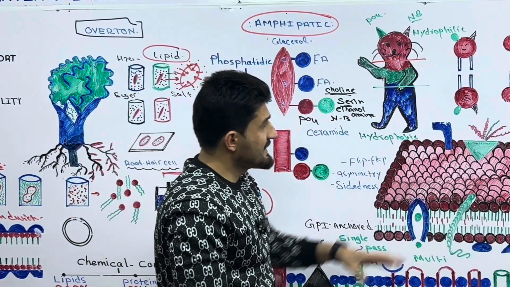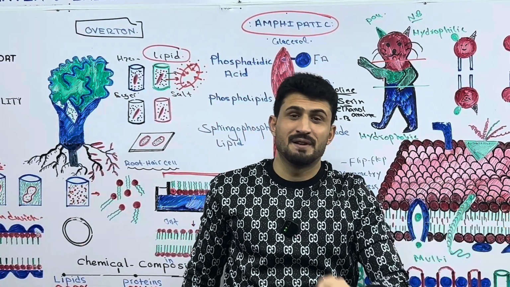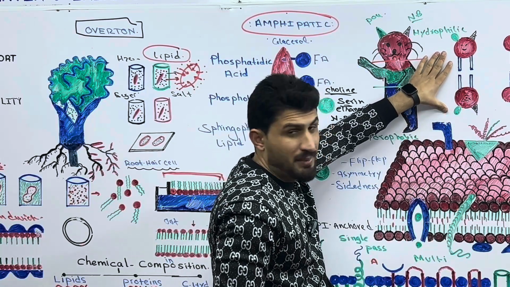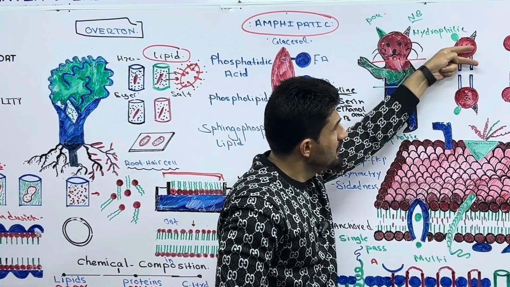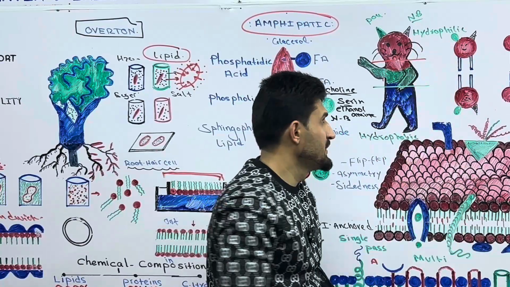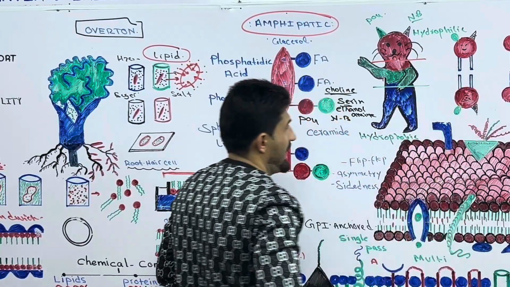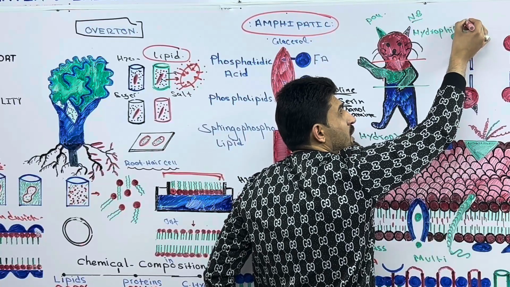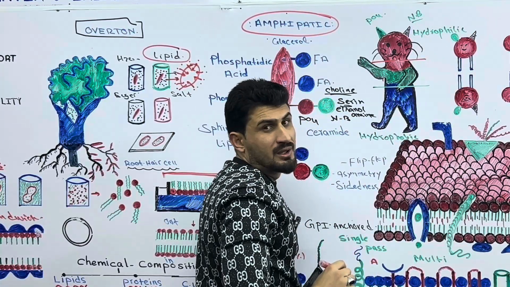Now, in a cell membrane, as I've explained previously, we have two layers of phospholipids, or two layers of lipids, and they are arranged so that the head parts are trying to face the water area.